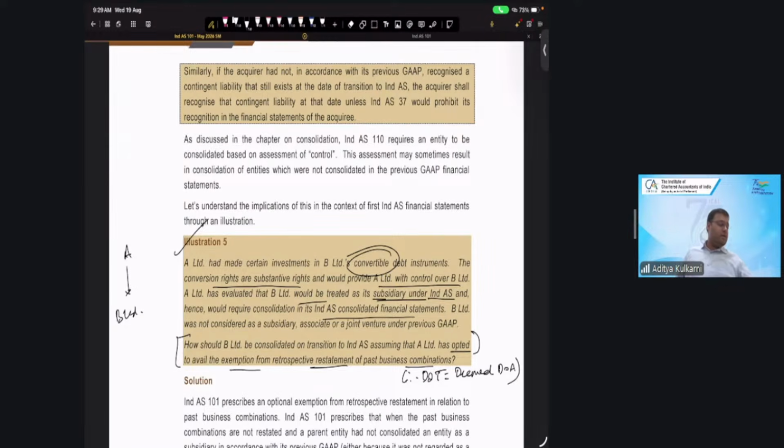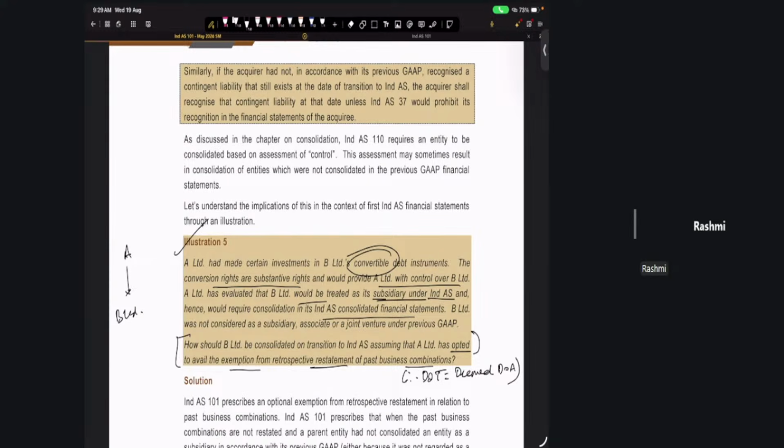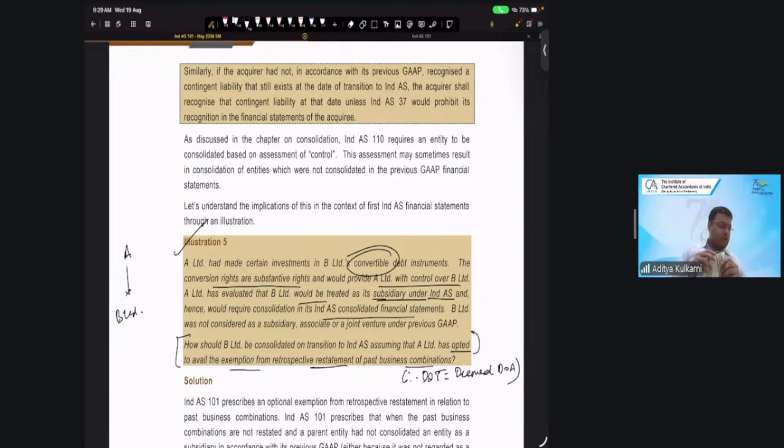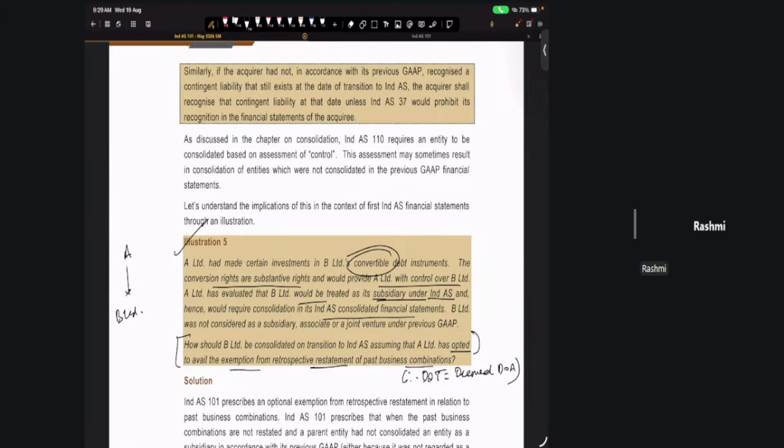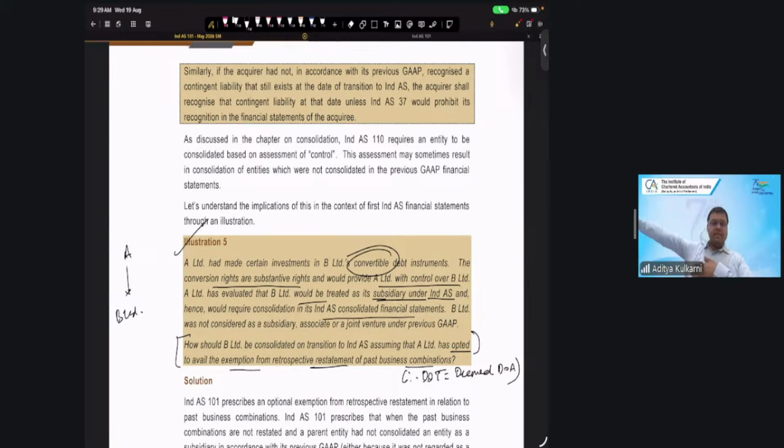Yes, so it has opted to avail the exemption. Yes or no? Yes. That means you are going to restate with effect from the date of transition. Yes, sir. That means no prior period restatement, no NCI of prior period, only date of transition onwards, whatever is there, you will be recording.